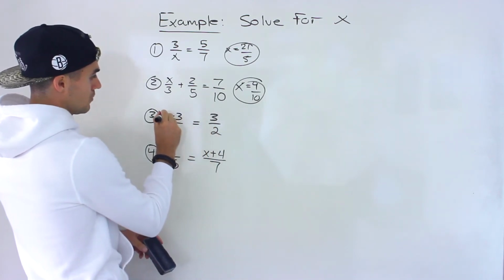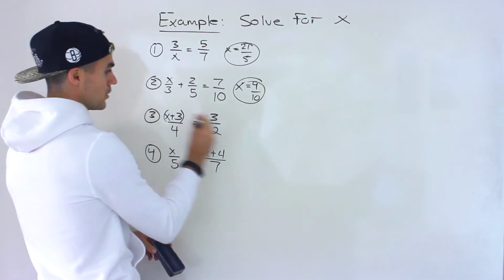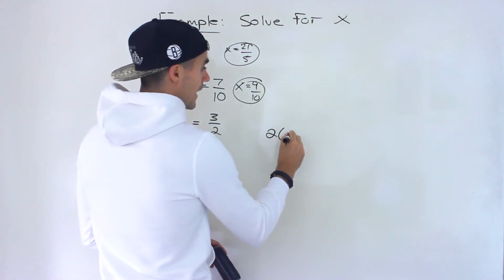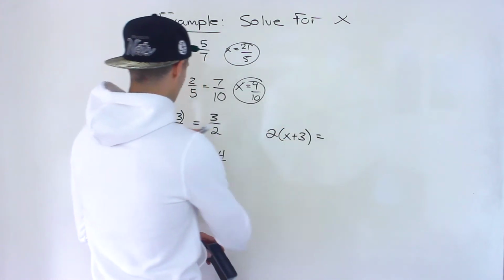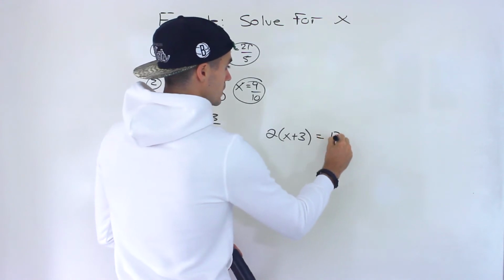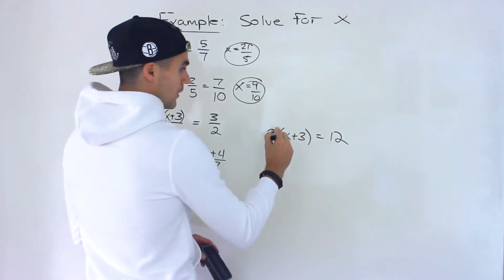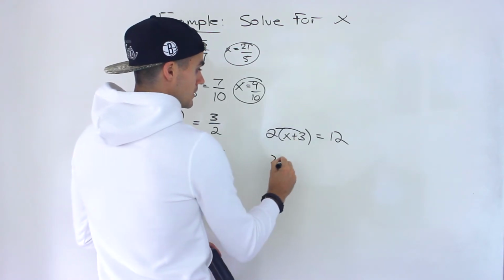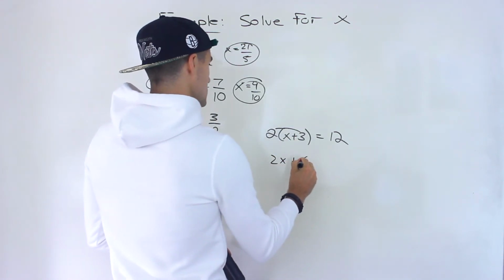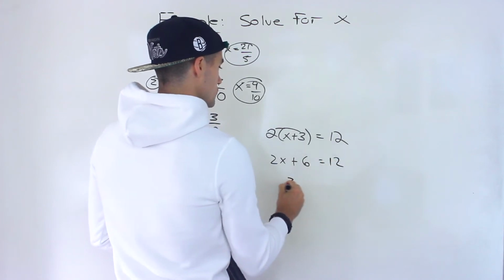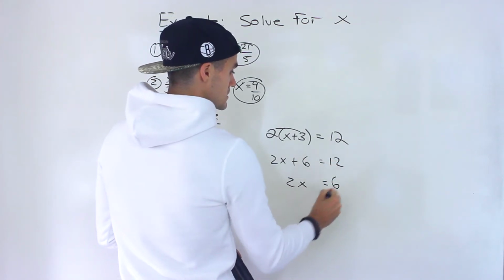Now, you got to be careful. This is a whole expression, so you're multiplying 2 by that whole thing. And then we got 4 times 3, which would be 12. In multiple ways we can go about this. We could distribute in the brackets, so we could do 2x plus 6 equals 12. So 2x would be 12 minus 6.